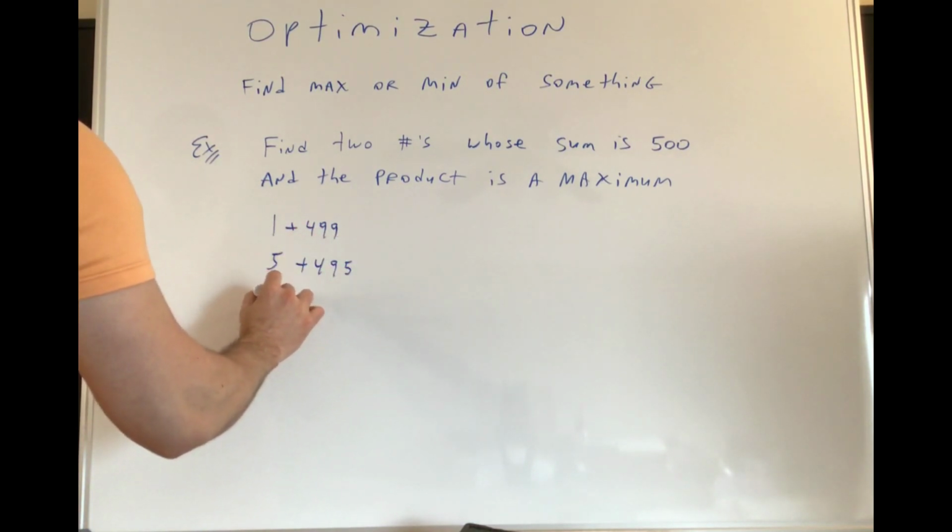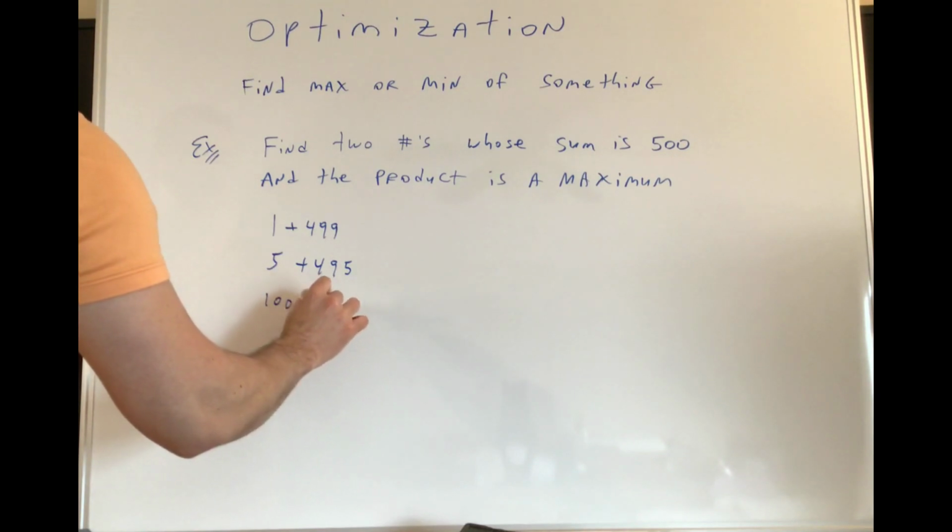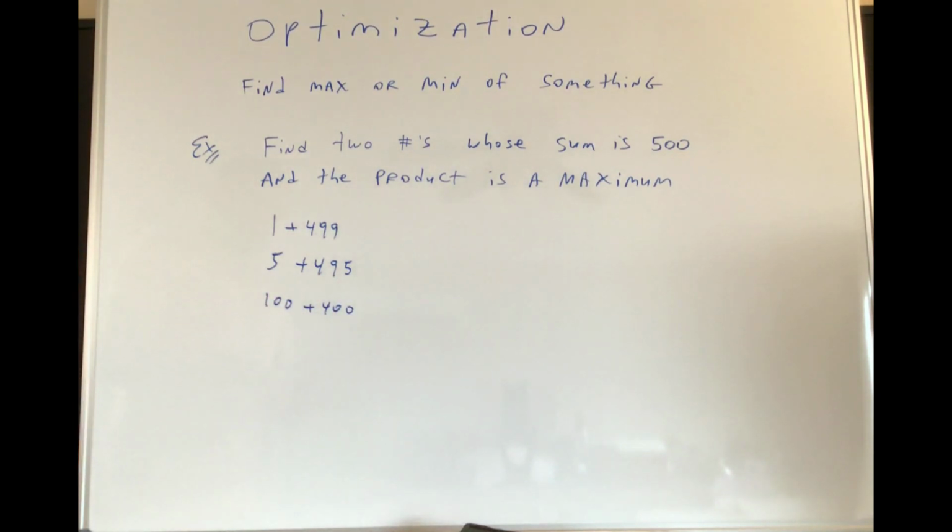You might have 100 and 400. There's a lot of numbers. And again, assume they're going to be whole numbers. There's a lot of numbers whose sum is 500. And then what you would do is multiply them and figure out when I get the largest product possible. Now, this is completely impractical garbage, and I'm not going to do that. I'm going to try to make an equation.